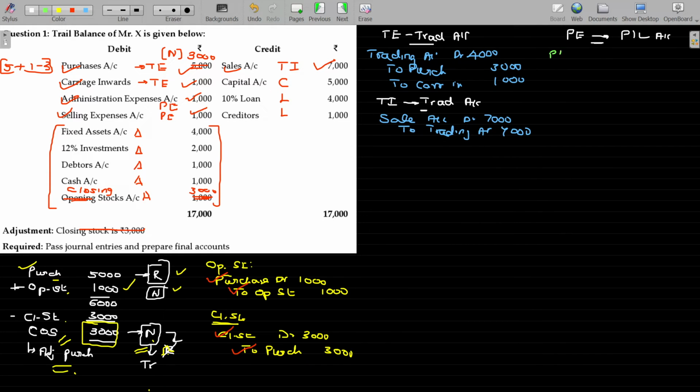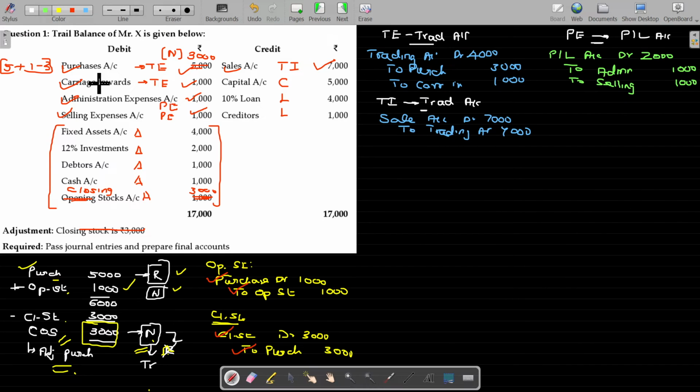P&L account debit to what? To admin expenses, 1000 rupees, to selling expenses, 1000 rupees, and debit to P&L account 2000 rupees. Is that okay? Now we can prepare the trading and P&L account and then the balance sheet.